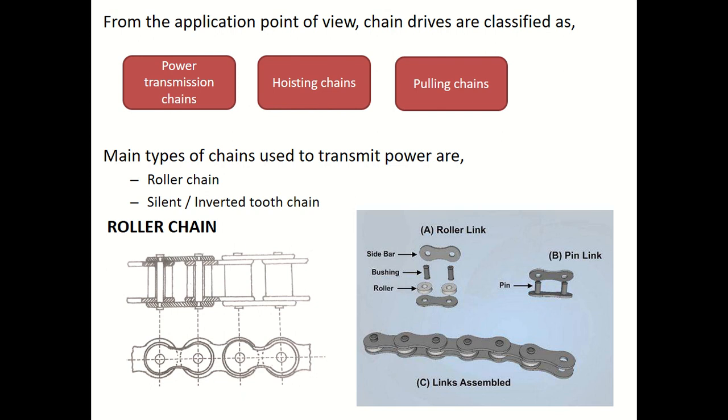Pin link plates are outer plates, roller link plates are inner plates. These outer plates connect the two central pins and keep them in position. To prevent the sliding of the outer plates, the pin ends are hammered to the shape of a rivet head. And in order to reduce the friction, all the surfaces are lubricated. So that is all about the roller chain.